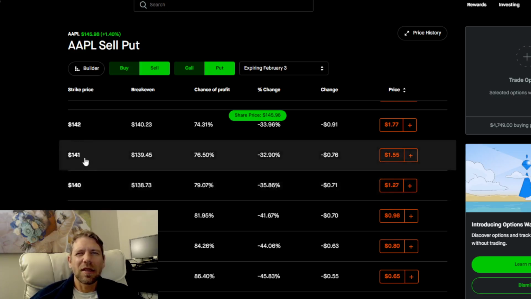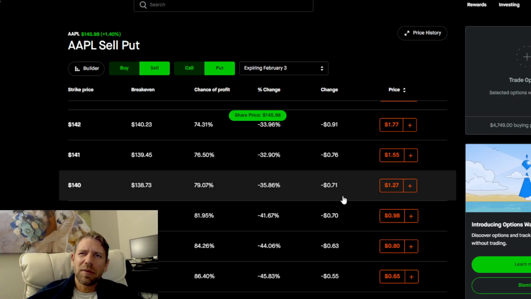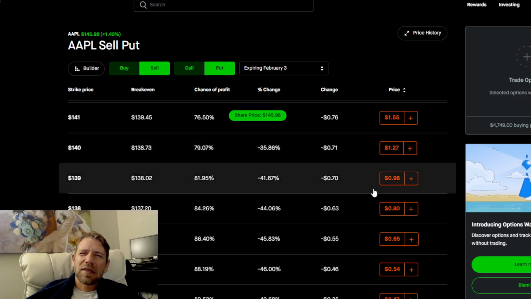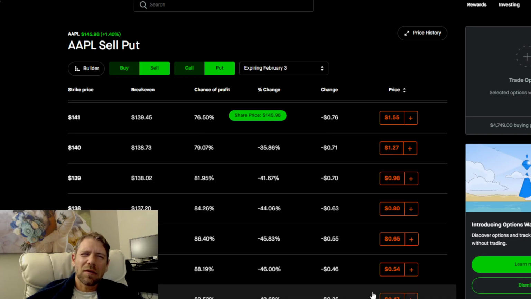So that's selling. Buying a put is basically the other side of this transaction. I don't have to put up any collateral. So buying options in general is much easier because I only need to pay this premium. In this case, for the 140 strike price, I need to pay $127, and I get to participate in the downside movement of the stock.